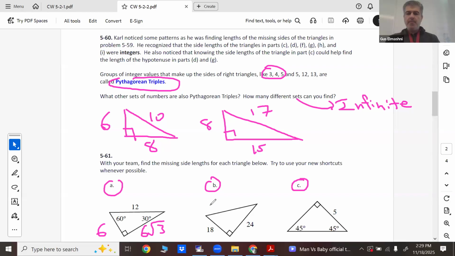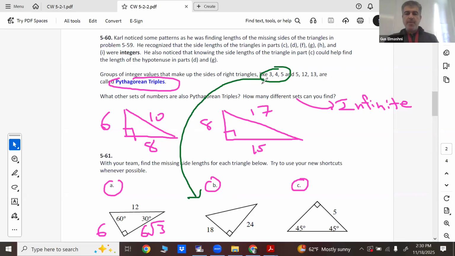Okay, let's take a look at part B. You can do Pythagorean theorem. Those are some crazy numbers to do in your head. To do 18 squared plus 24 squared is kind of crazy. But if you think about it, it's kind of like this. So it's multiplied by 3.